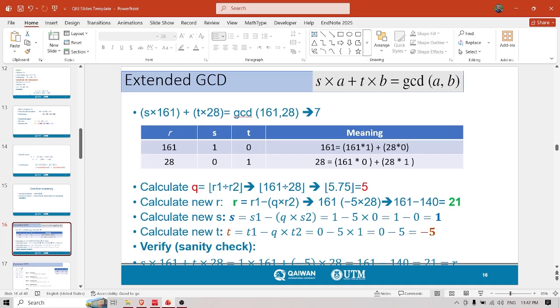Which values are we looking for? We are looking for this s and this t. However, we have a and b, and we will also have the GCD of a and b. Now we know that the GCD of 161 and 28 is 7.